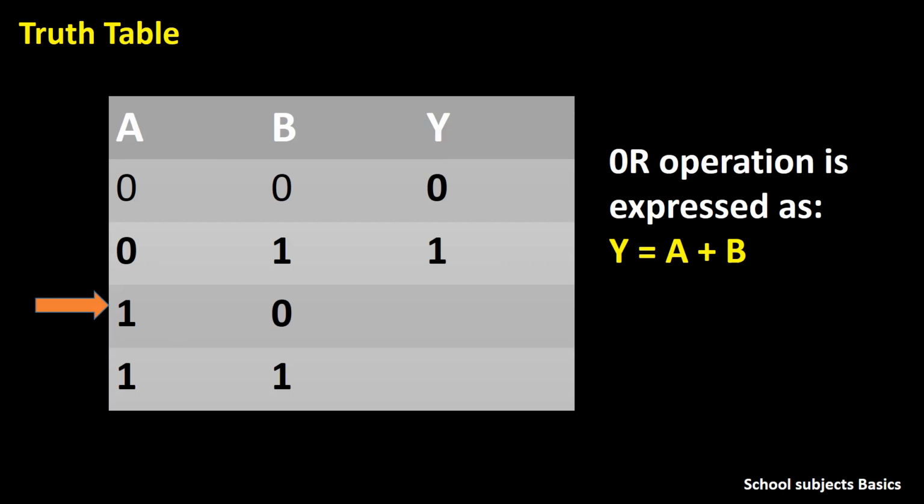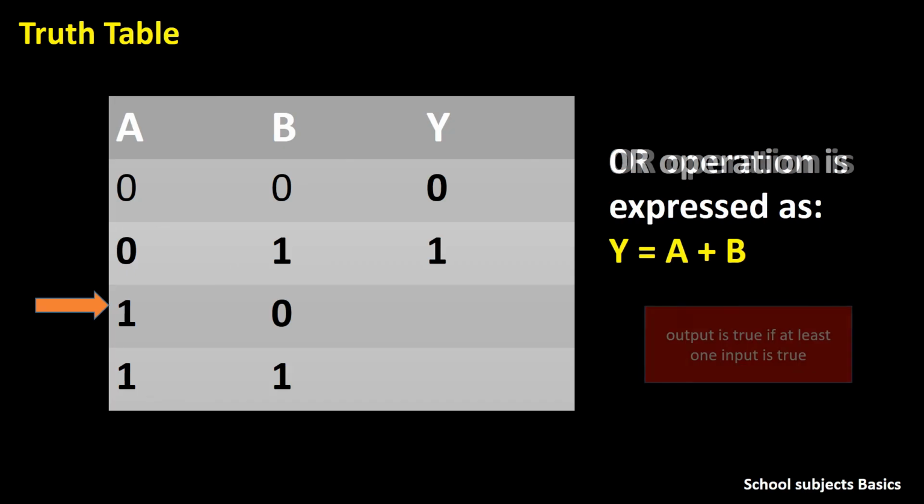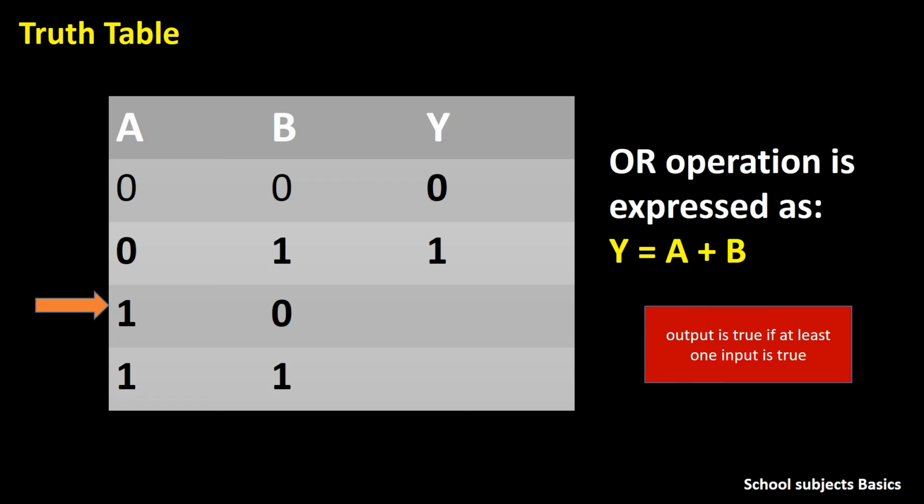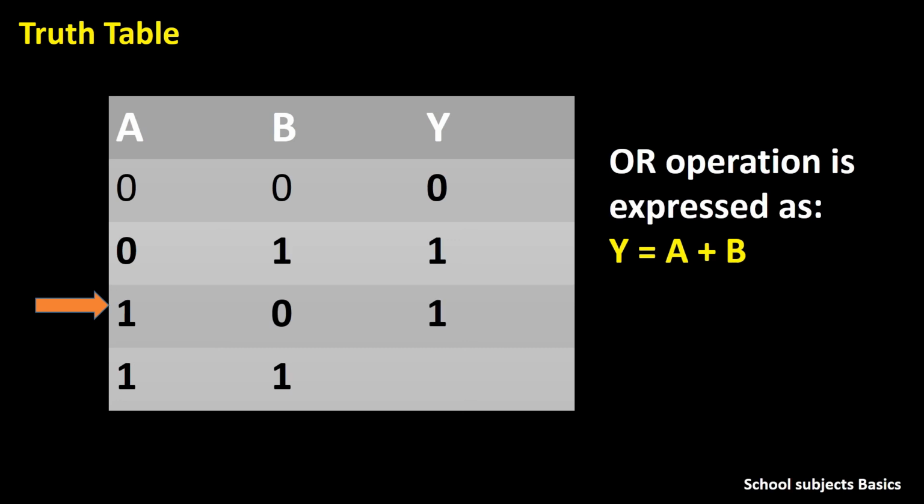Here also there are two inputs, 1 and 0. So this also satisfies the condition that at least one input is true. So now we can write the answer as 1, that is true. A simple thing to remember is that the output is true if at least one input is true.